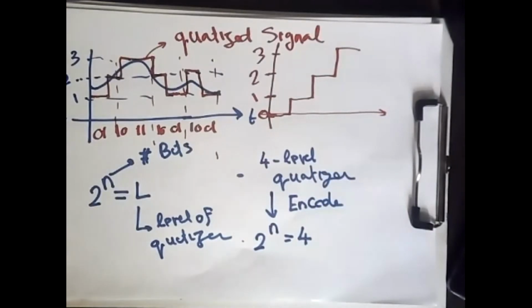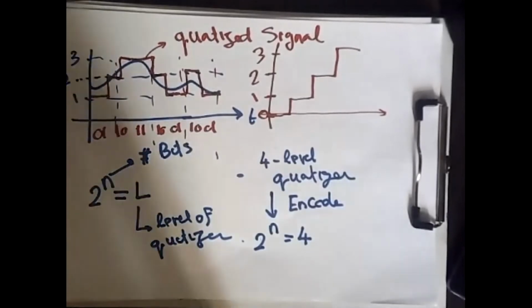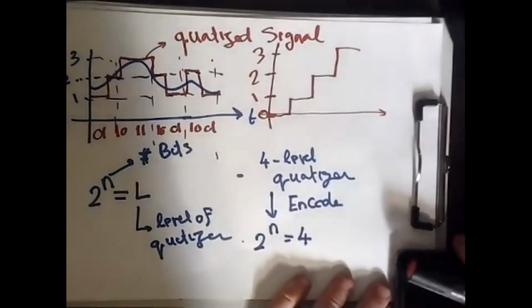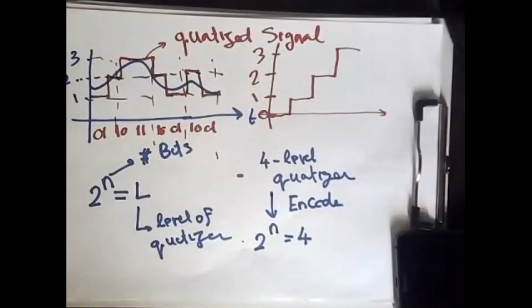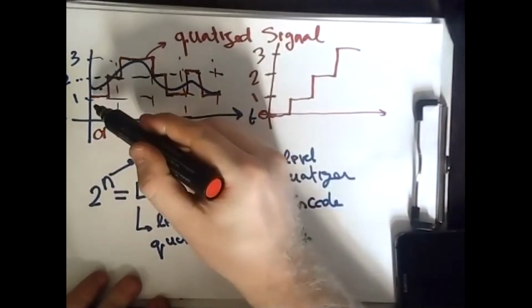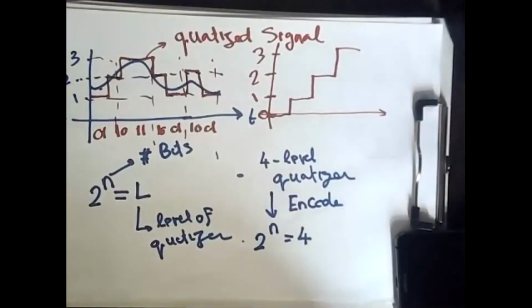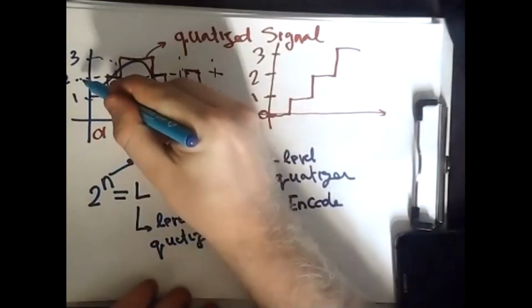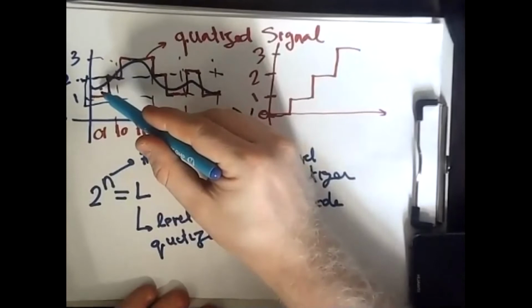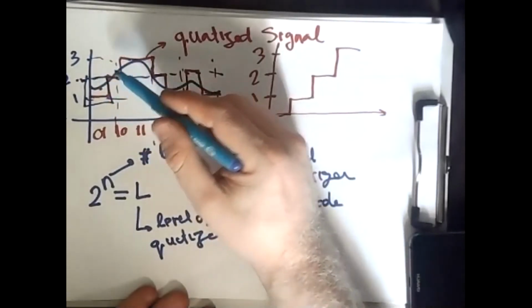However, we have to consider a very important and critical point while we are considering quantization, which is that the error due to the quantizer is unrecoverable. Again, the error due to the quantizer is unrecoverable. Whenever you have a signal here, and this is the level, let's zoom in on this part of the signal. The blue signal is the original value. For example, this value is 1.5.